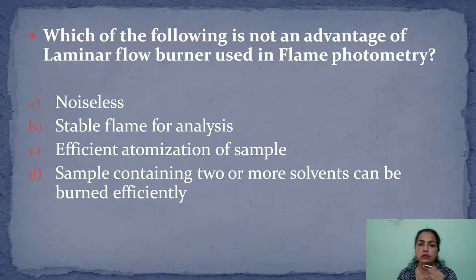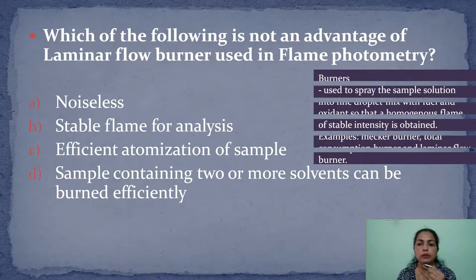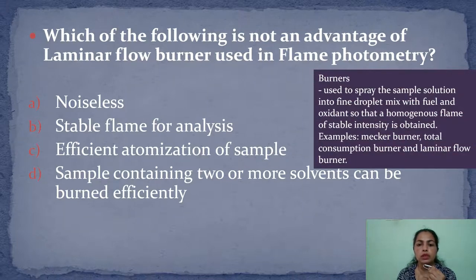Then the next question is, which of the following is not an advantage of the laminar flow burner used in flame photometry? Some advantages are given here. If we look at what a burner is, these burners are used in flame photometry to spray the sample solution in the form of fine droplets along with fuel and oxidant, so that we are able to get a homogeneous flame of stable intensity.